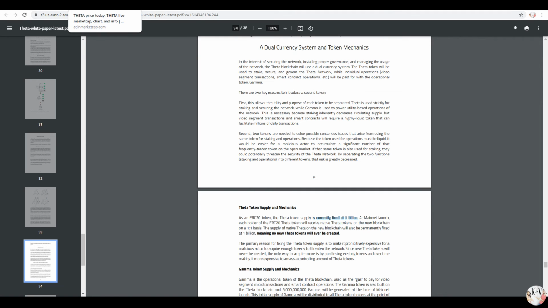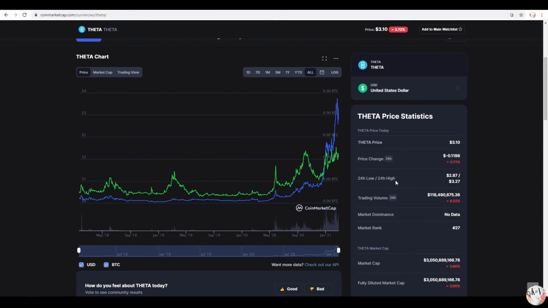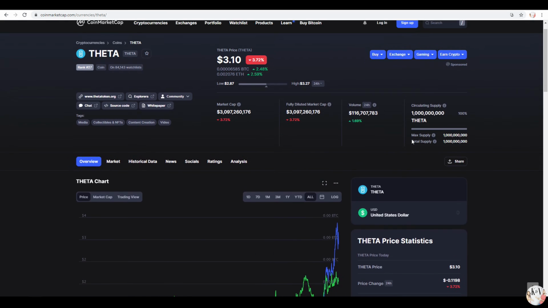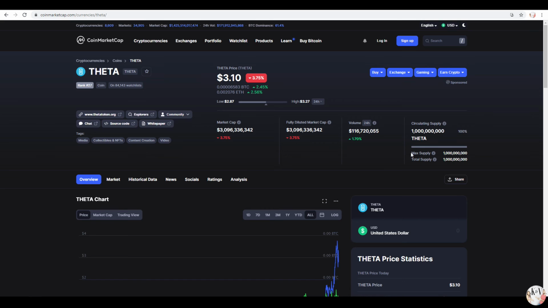So let's go back to coinmarketcap.com. Here we can see the max supply, that's the maximum, and it is also the total supply. And here they have the circulating supply. What is circulating right now is exactly the same. So that means that they didn't hold anything in their company.